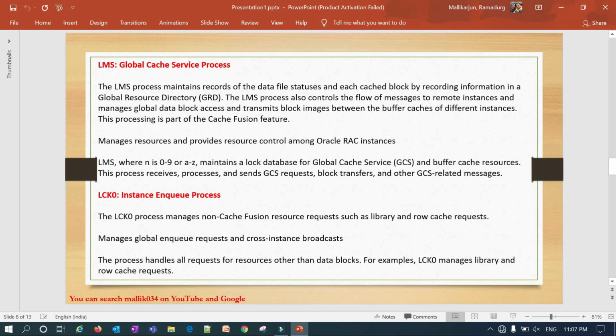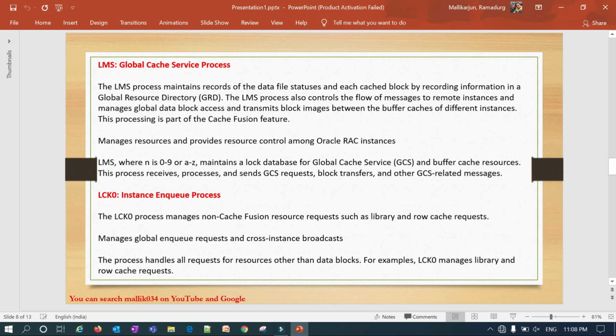Cache fusion is a technique where the data block is transferred between the buffer caches of the cluster nodes whenever there is a requirement for that particular block. We discussed everything about cache fusion in our last session, so I believe this LMS is closely working with cache fusion.